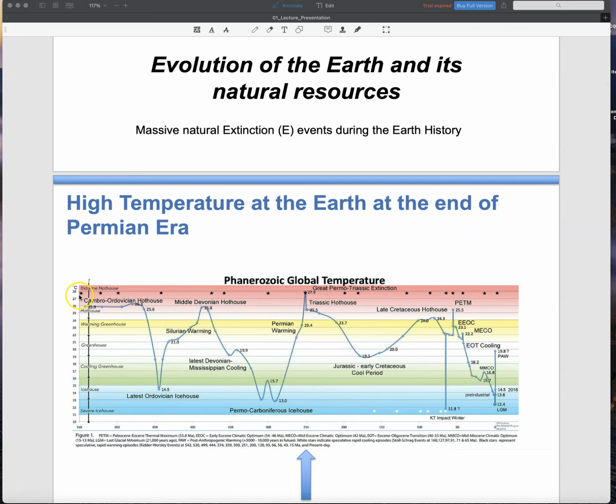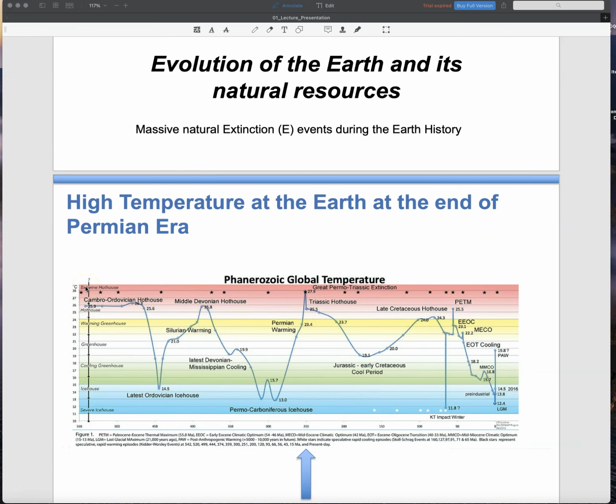What we have here in the vertical, so this is geological time from the Precambrian to the current days, and what we have here in the vertical is temperature measured in Celsius degrees.